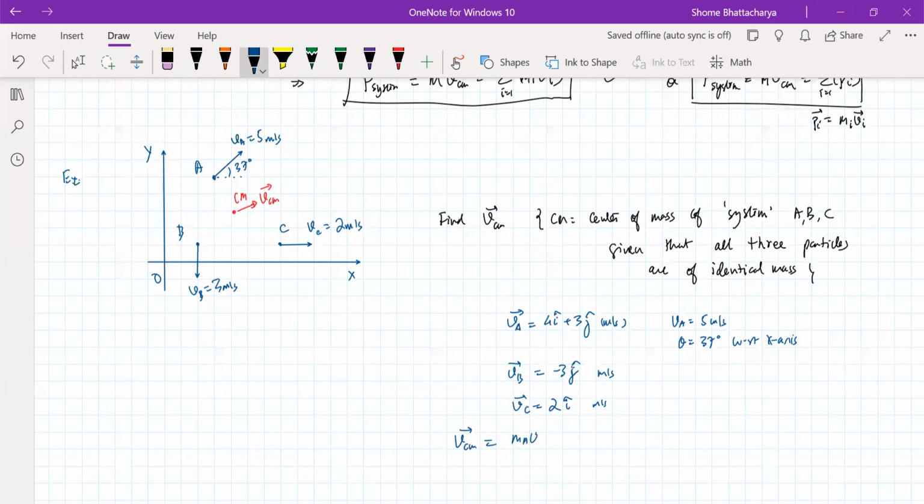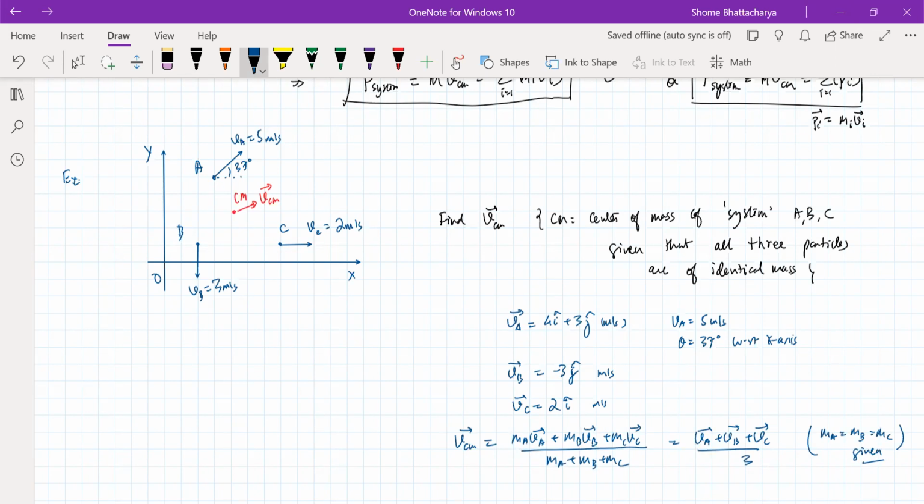is going to be a formula like this now. The general formula is like this, but here it will become the arithmetic mean because the masses are equal. So here this will become VA plus VB plus VC by 3, because this is given to us.